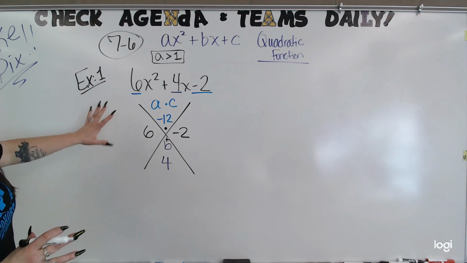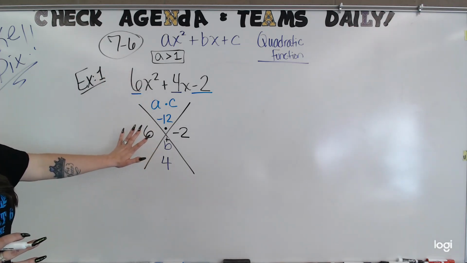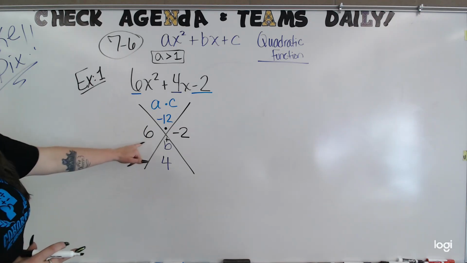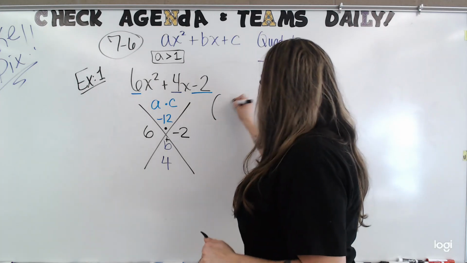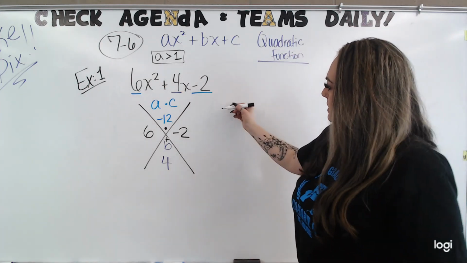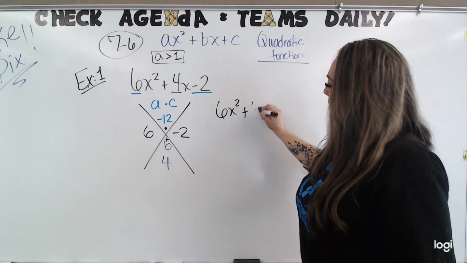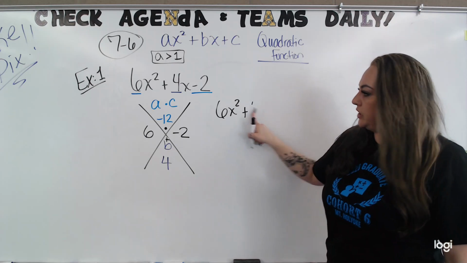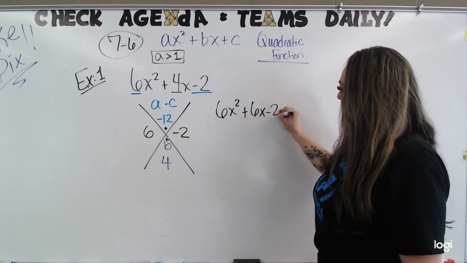Now we're going to rewrite what we have here, okay? We rewrite this, 6x squared, plus, instead of writing 4x, we use 6x and minus 2x.